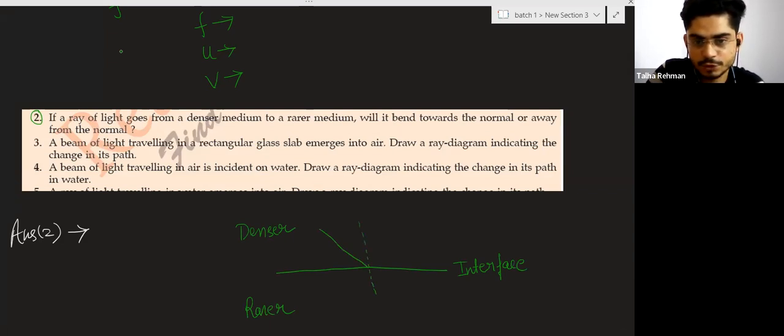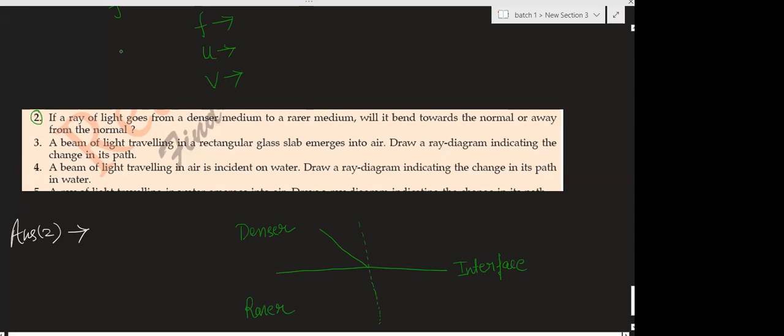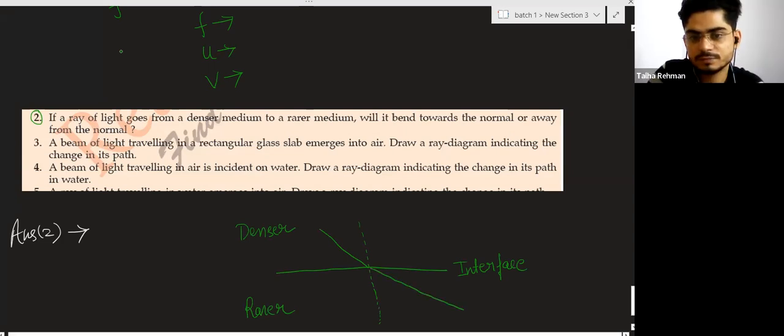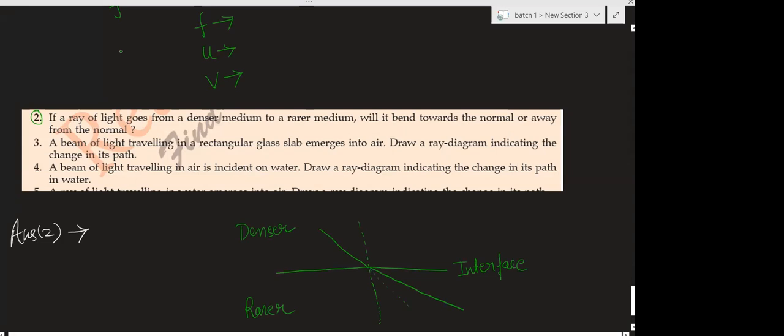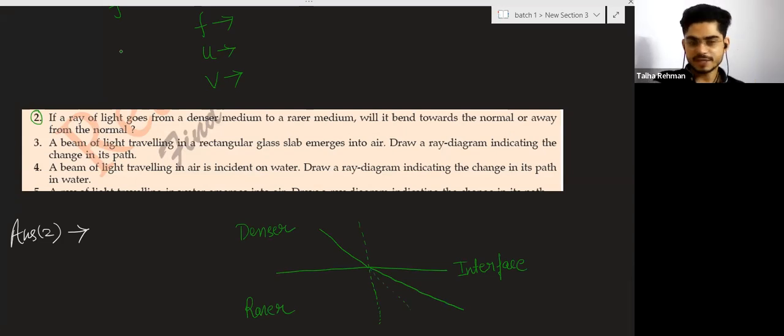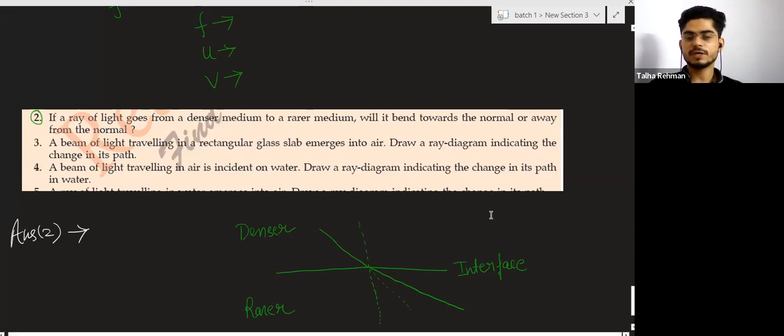Away from the normal, right? So you can say whenever a light ray travels from denser medium to rarer medium, it will bend away from the normal. It will bend away from the normal. Okay?